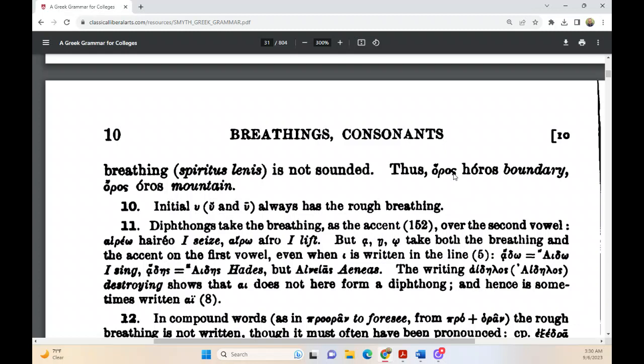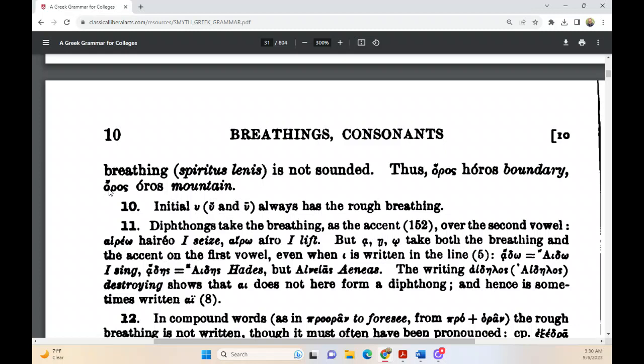We then have two words here in the lesson that show the importance of understanding this. Now notice these two words. The first word is spelled Omicron, Rho, Omicron, Sigma. The second word is spelled Omicron, Rho, Omicron, Sigma. Same spellings. But this first word has a rough breathing, and the second word has a smooth breathing.